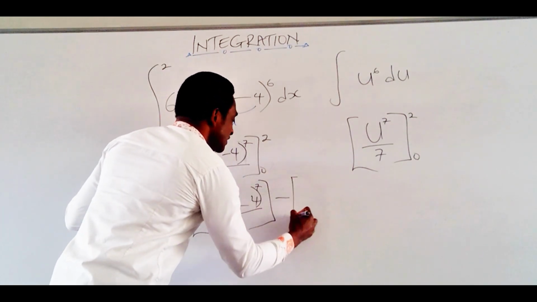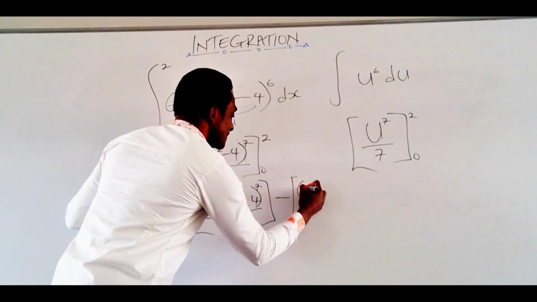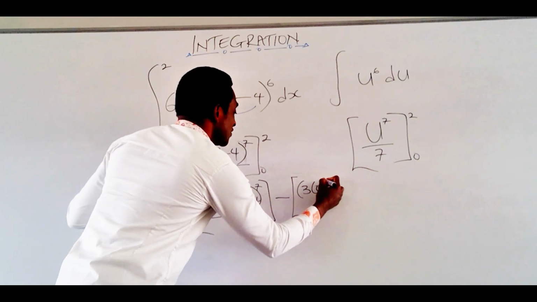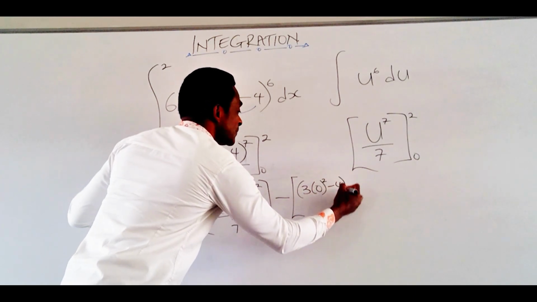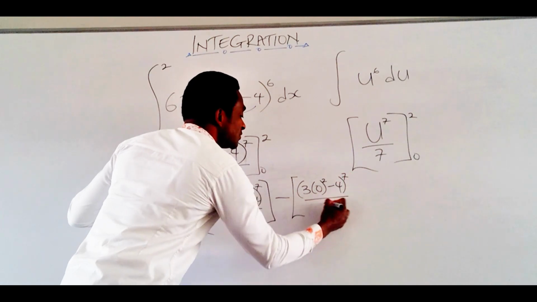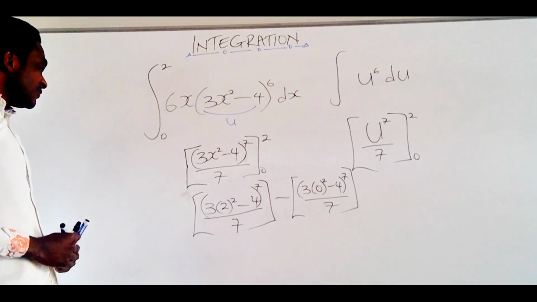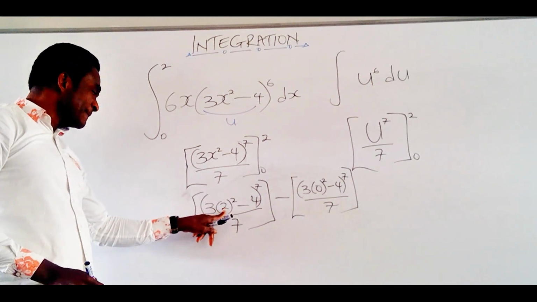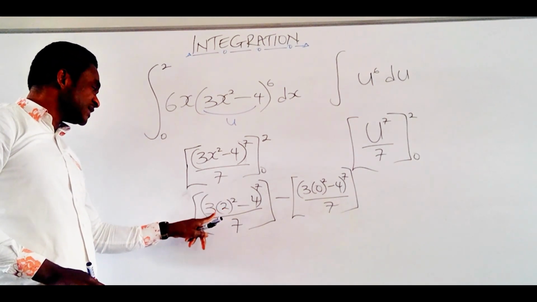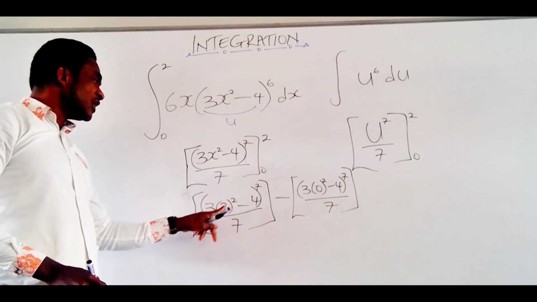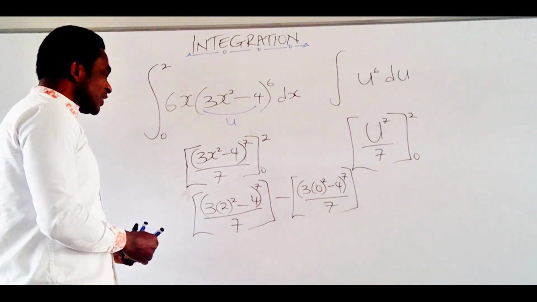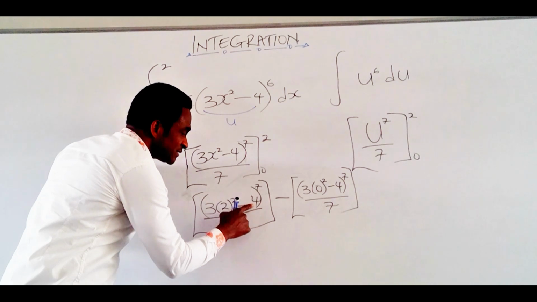We also replace x with 0. So we have 3 times 0 squared minus 4, to the power of 7, all over 7. Now if we simplify this, 2 squared is 4, 3 times 4 is 12, 12 minus 4 is 8.